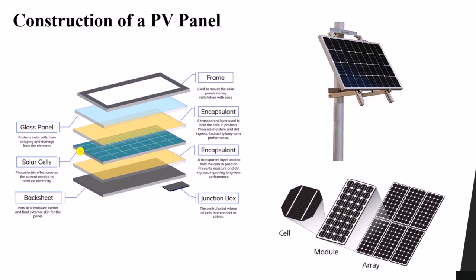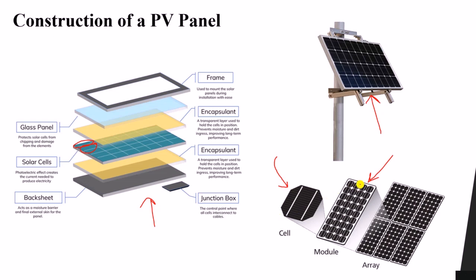Now let's look carefully at this. You will see that we have cells here, solar cells. Each solar panel like this one, or like this one, consists of a building unit called a cell. Each cell is used to convert solar energy into electrical energy.